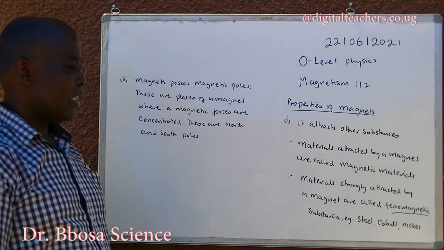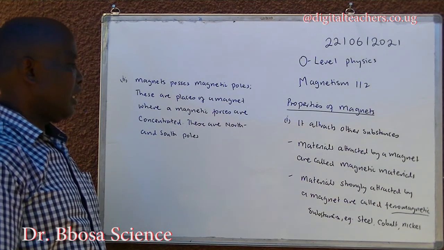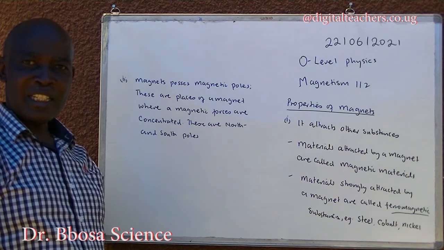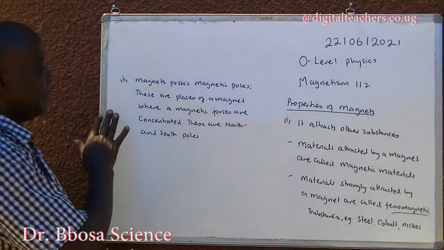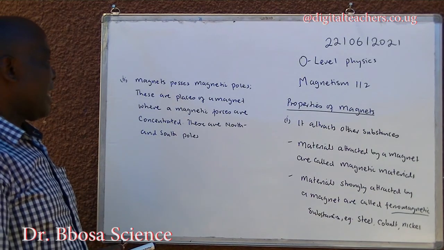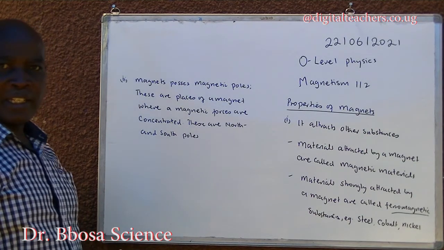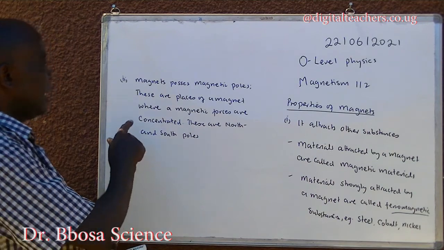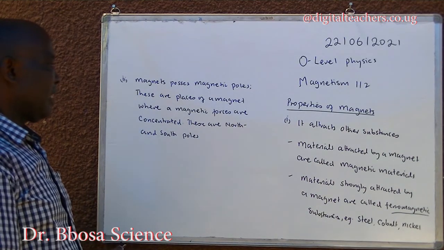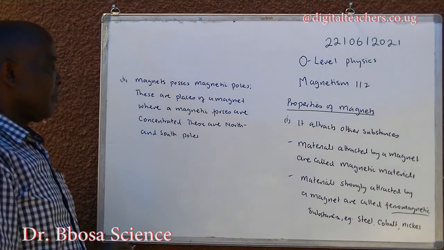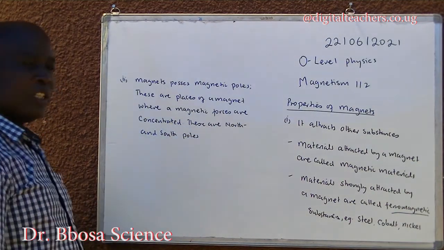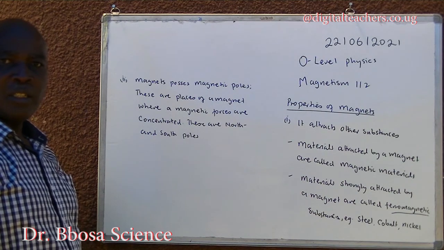Examples are steel, cobalt, nickel. Non-magnetic substances are not attracted by a magnet. 2. Magnets possess magnetic poles. These are places of a magnet where magnetic forces are concentrated. These are the north and south poles.